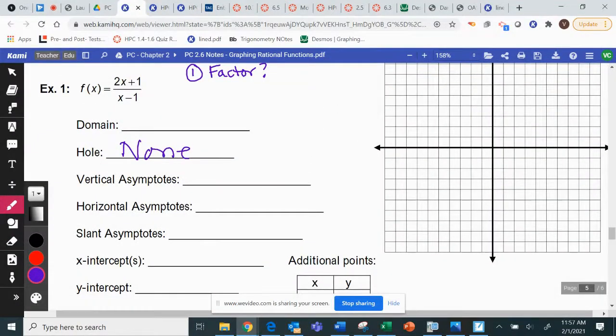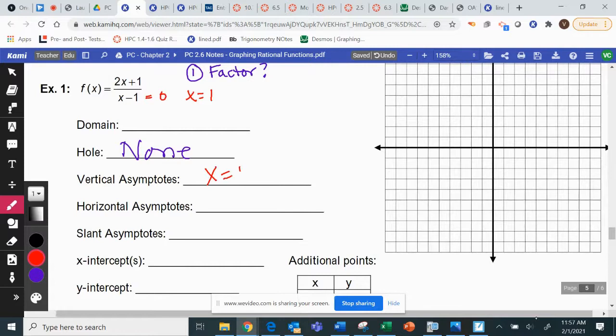Okay. So I'm going to look at the denominator, and I'm going to say x minus 1 equals 0. So x equals what number? If x equals 1, that makes the denominator 0, and that means the graph would not be there. So vertical asymptote, I've got x equals 1.